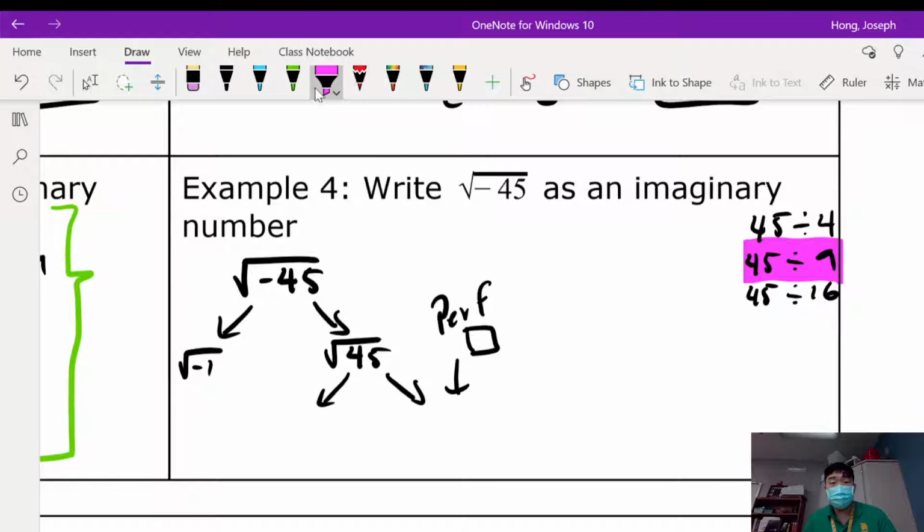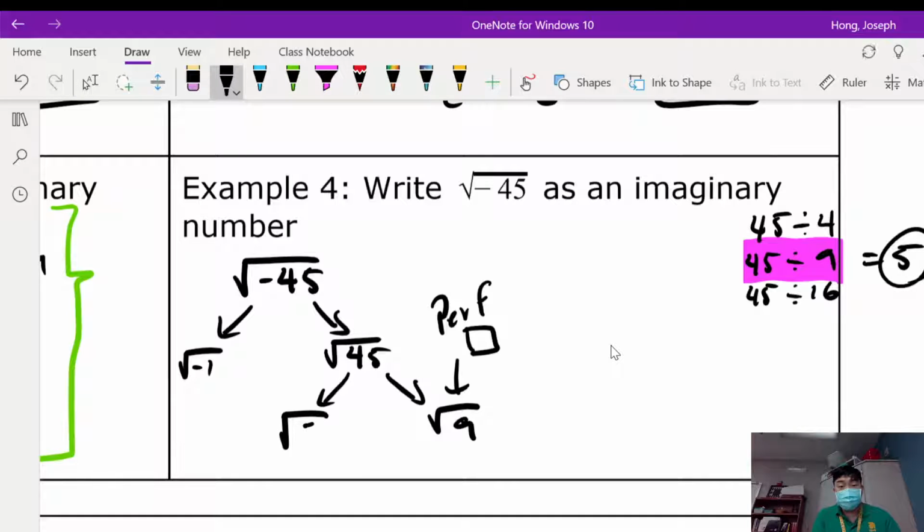This is the one that we can do, because 9 is divisible. So this is the square root of 9. My other square root is going to be 5, as in 5 times 9 is equal to 45.